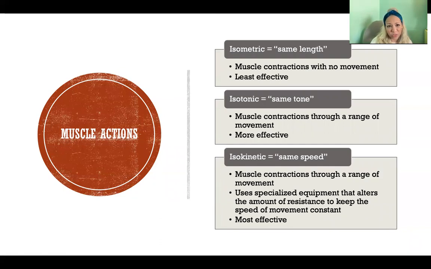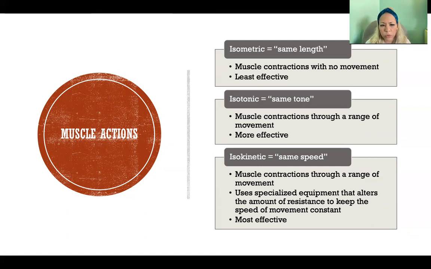So it's still worth something. It's better than nothing. I'm not saying not to do isometric contractions. There's a lot of it in yoga and other types of exercise where you might be holding static postures. And so there is value, but it's the least effective compared to isotonic or isokinetic actions.